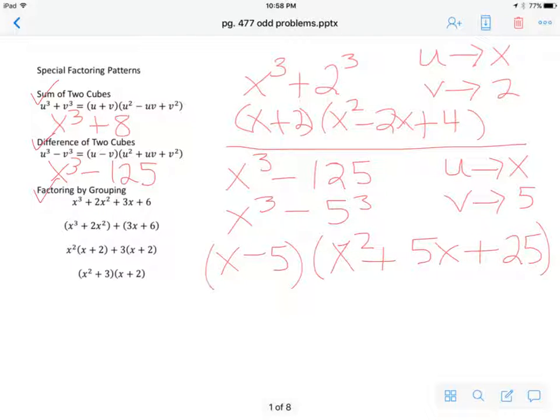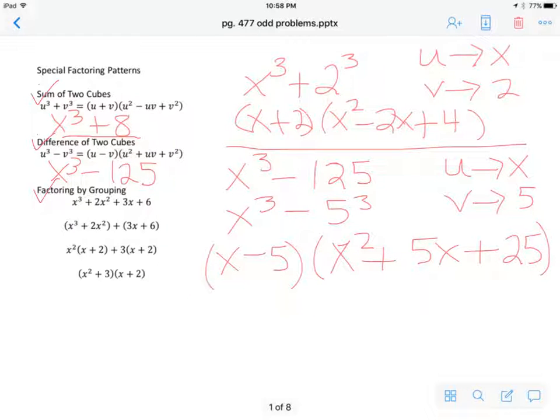The first thing that you have to be able to do is tell which factoring pattern you need to use. The first two are very similar, the sum and the difference. It's going to be two terms where you've got a cubed root. Usually at least one of them will have a cube, such as this one in red, x cubed plus 8.